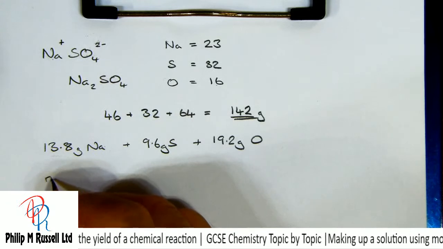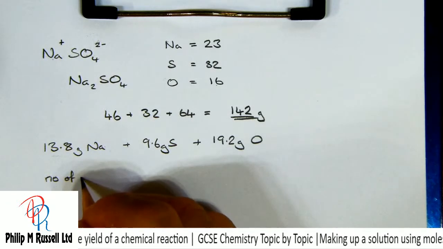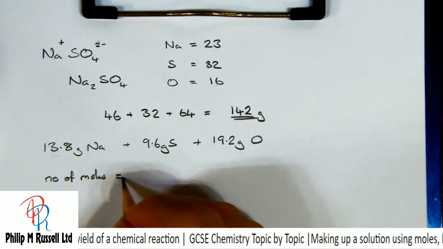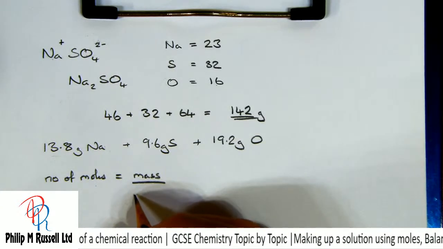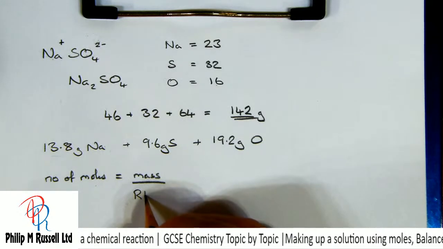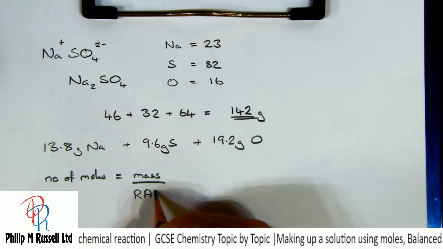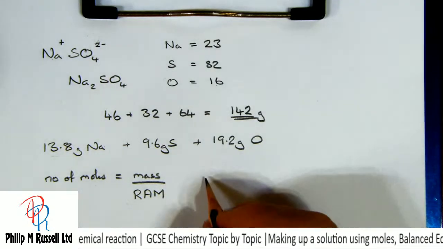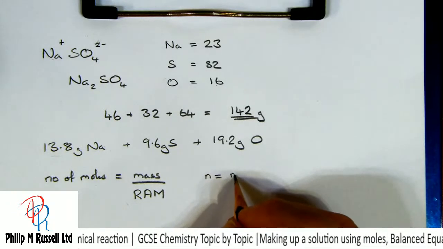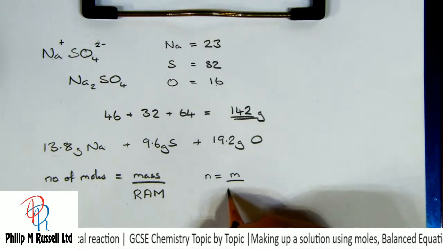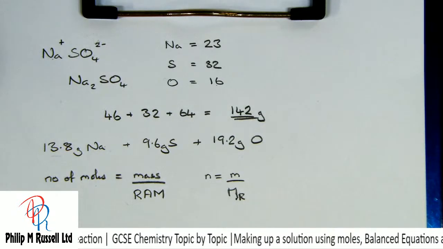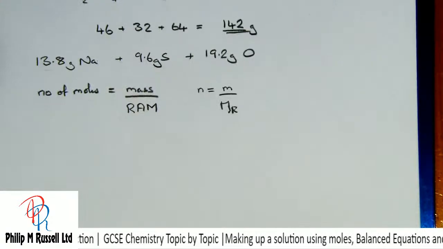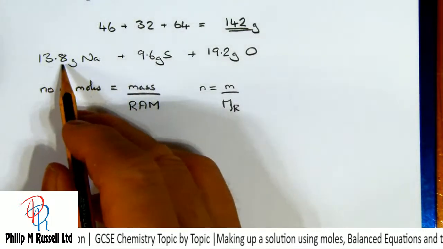Remember, the number of moles equals the mass divided by the relative atomic mass. n equals m over Mr. And as usual, I've managed to break my pencil. Right, do this first one. Let's work out.